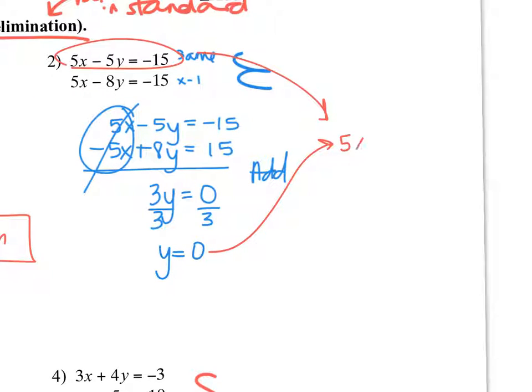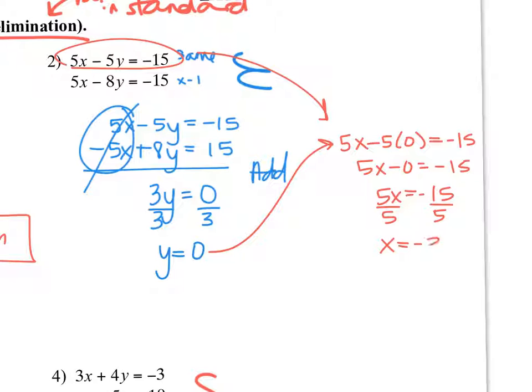All right, so 5x minus 5 times 0 equals negative 15. 5x minus 0 equals negative 15. All right, that's negative 15. So I'm going to divide by 5. And x equals negative 3. Remember that you should be able to check every single answer in your calculator. The final answer we're going to write here is negative 3, 0.